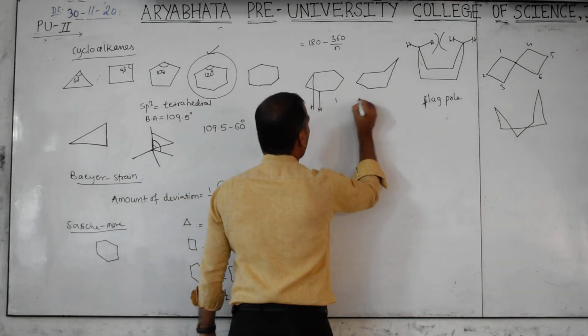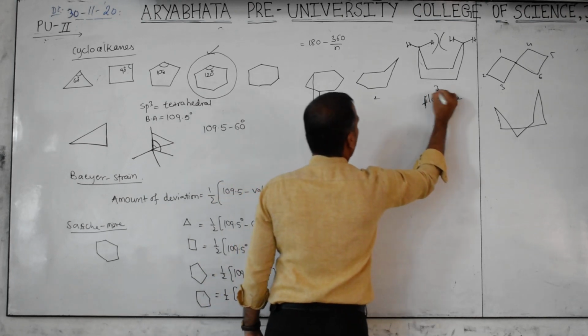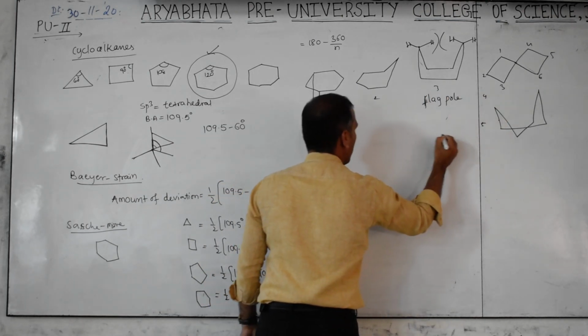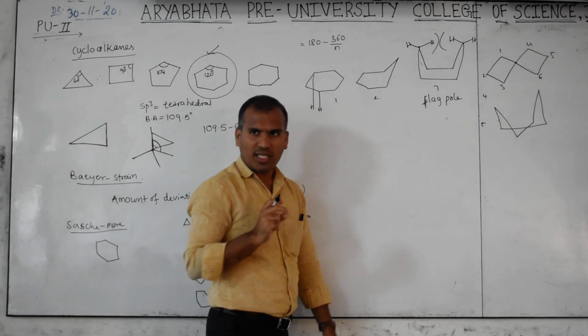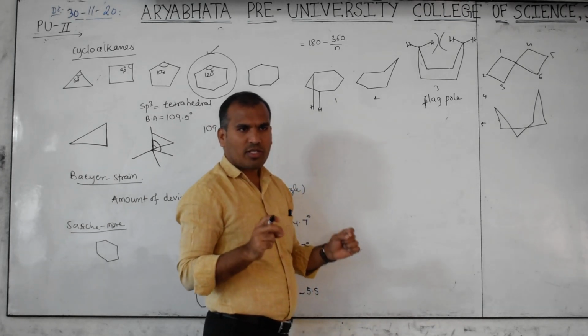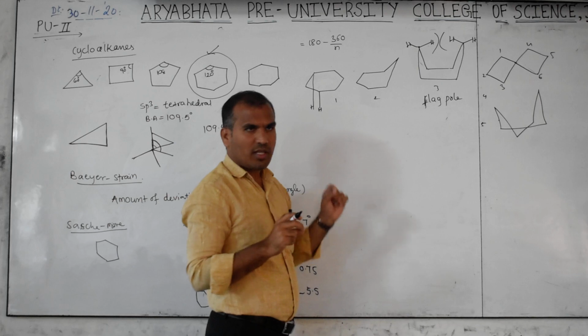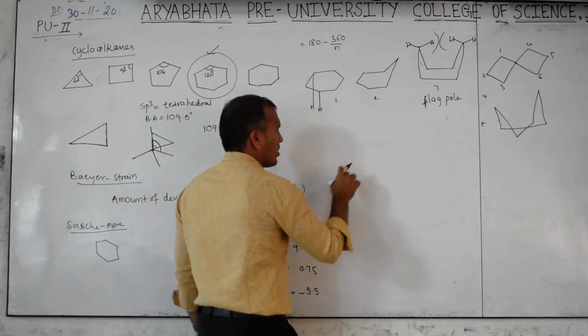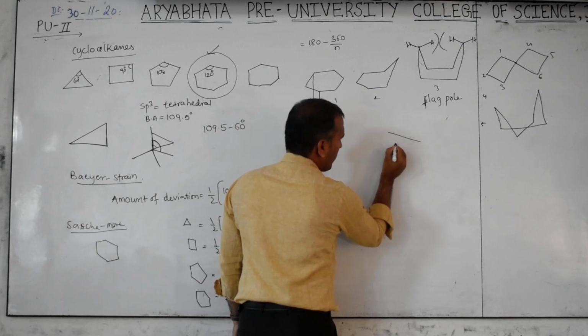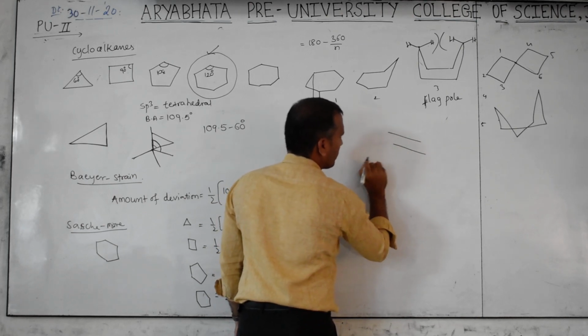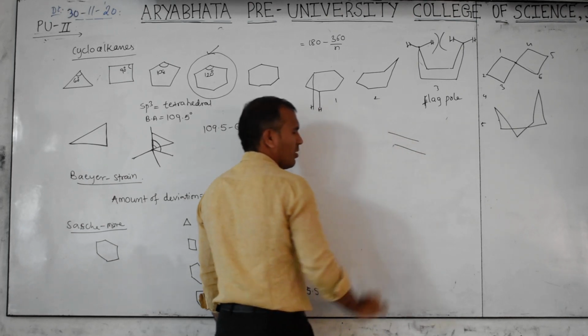After that, this is one, two, three, the fourth, this is the fifth, then the sixth one. How to draw the chair form? Now only learn. Actually, the chair form is more stable than the other structures. So how to draw this chair form? Carefully observe. Two unequal parallel lines like this.